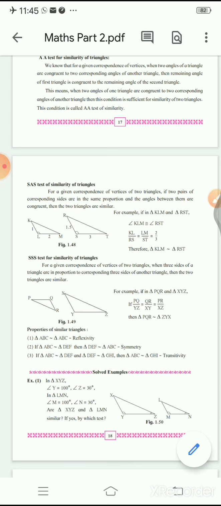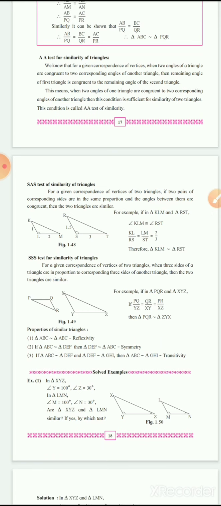Now our third property: if triangle ABC is similar to triangle DEF and triangle DEF is similar to triangle GHI, then triangle ABC is similar to triangle GHI. This property is known as transitivity.